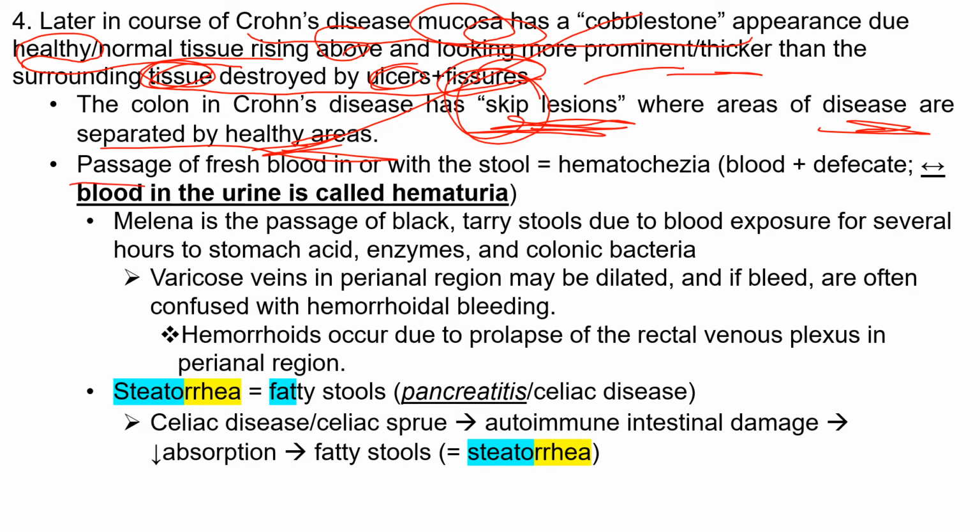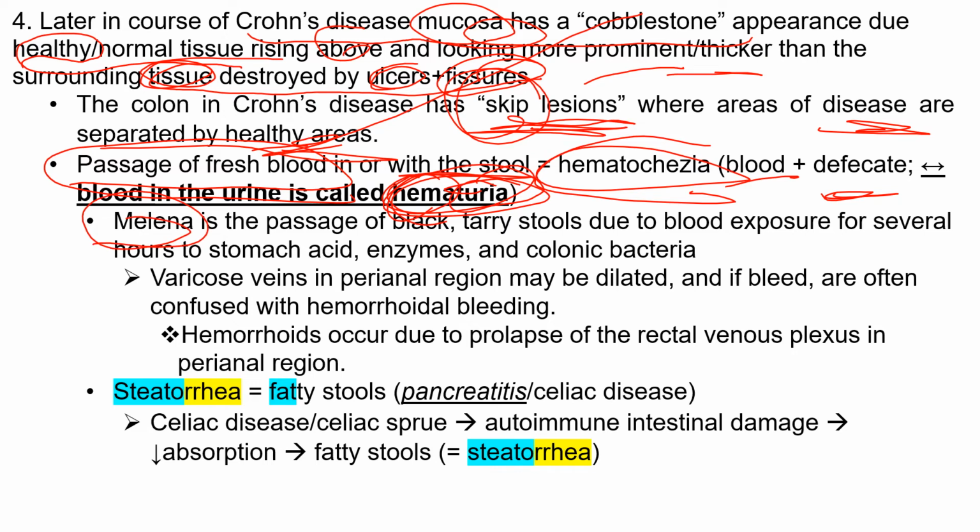Passage of fresh blood with stool is called hematochezia. One more time, okay? Blood plus defecate. All right, hematochezia. Don't confuse it with hematuria. Hematuria, we talked about when we talked about nephritic syndrome, in post-streptococcal glomerulonephritis.